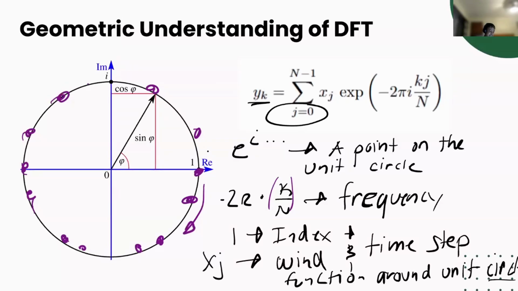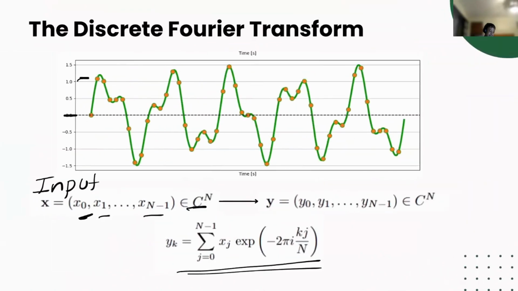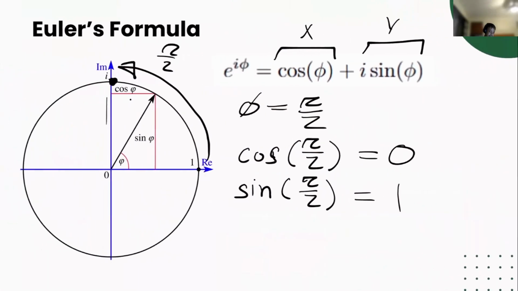So what this has the effect of doing, if I write it out, is now that we have these steps, we multiply it by our function. It's going to look the same as if we had our original function, say it was this, and we're just going to wrap it around this unit circle.